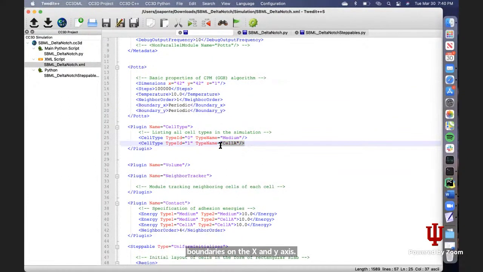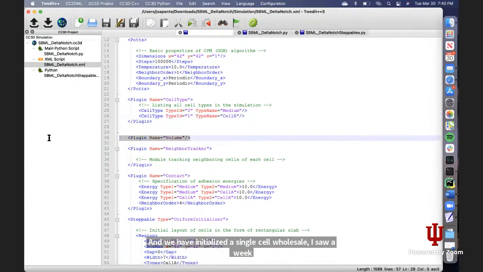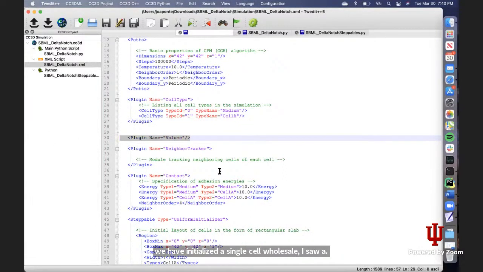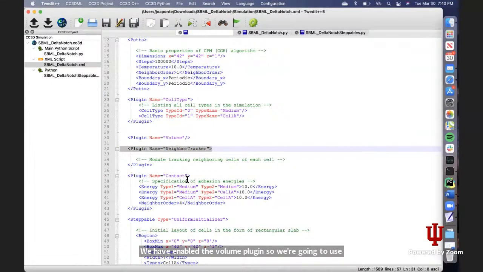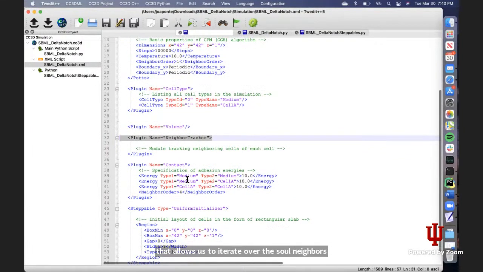And we have initialized a single cell called cell A. We have enabled the volume plugin, so we're going to use the volume constraint and a neighbor tracker plugin that allows us to iterate over the cell neighbors. And this is going to be important because the notch signaling depends on the contact area between the two cells, right?